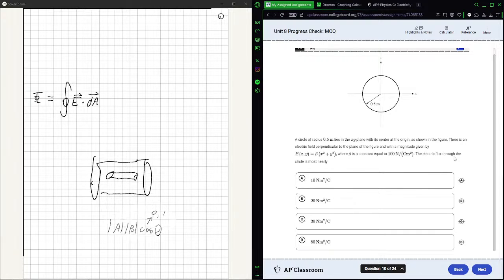So we know this little object has some charge q. We know it's going to emit electric field lines all perpendicular to it. We're just assuming it's going outwards, because it's like an infinitely long wire, so it can never go out the side.